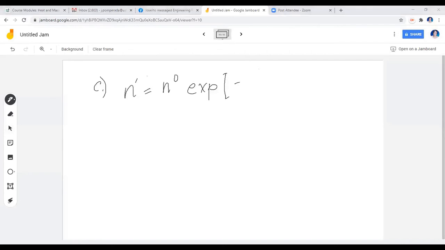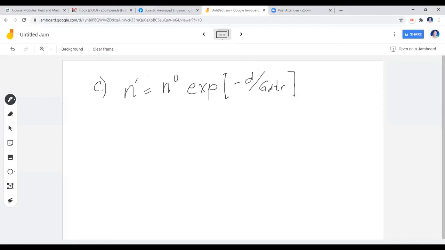I forgot the formula again. So you have negative D, then you have G sub D, T sub R. This is our formula for the n prime.